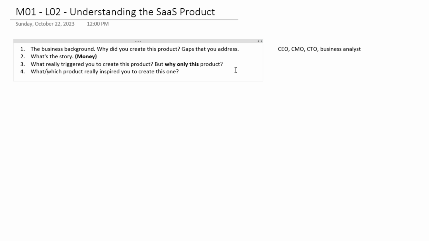Good stories are emotional, but not all emotional stories are good. That's the point. Whatever story you find out from the CEO, CMO, CTO, or business analyst, this is the thing you need to focus on. Once you have that kind of background knowledge, try to understand why you came up with this feature set.